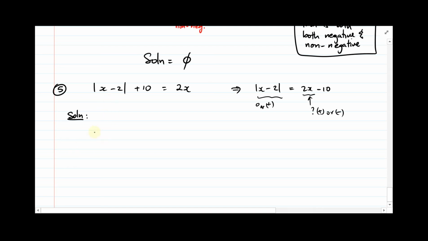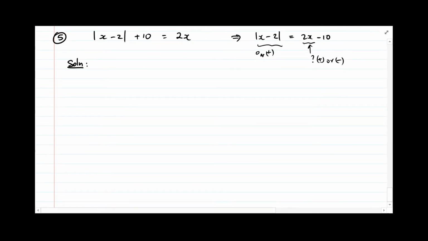So we have the first part here, which is, let's take x minus 2, the positive part. The other part didn't have anything to do with an absolute value, so I don't really care what's going on that side.